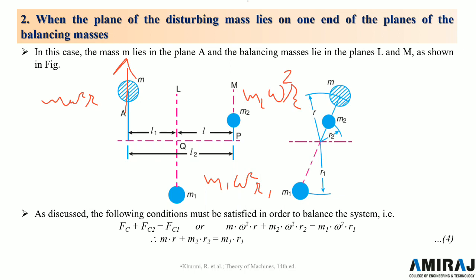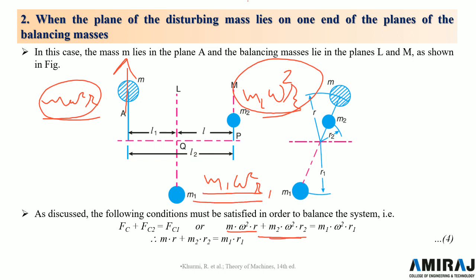So now we will balance this: m omega square r on one side and m2 omega square r2 on the other side. Omega square is the same, so it will cancel out because the masses are mounted on the same shaft. So we will get m r plus m2 r2 equal to m1 r1.